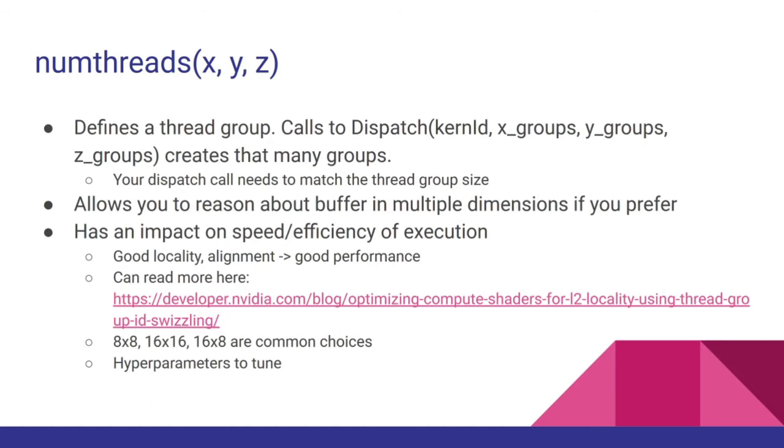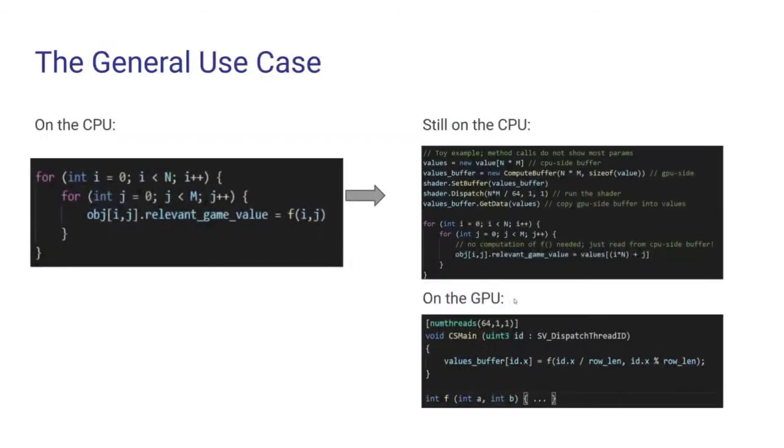But for those who have taken CSE 351, I believe it's for similar reasons: it's a cache locality issue where you want all of your data in the buffer to be aligned properly and to coincide with the block size of the cache on the GPU. It's a very hardware-y problem. It probably won't matter what your thread group size is, so my advice would be to optimize later if your shader's still running poorly. But what I typically do is just make it 64 by 1 by 1 or whatever.